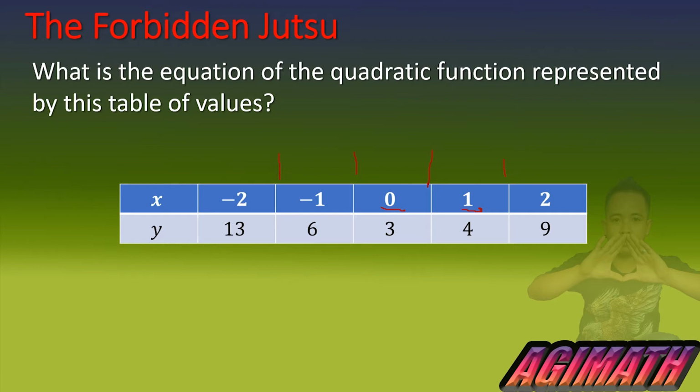Those are the 3 criteria that we are going to check first before jumping into this forbidden technique. Before I show you the solution, let me first erase these markings. Okay, let us proceed.